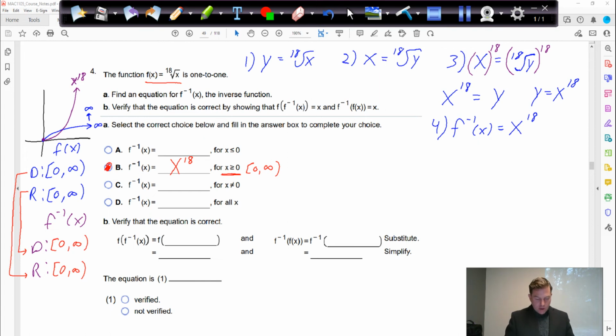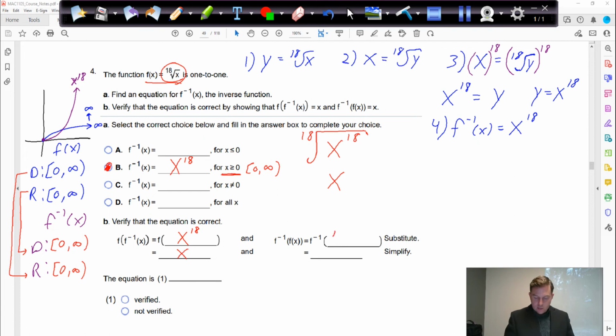Okay, now we verify. So they want us to plug in the inverse into the original function. So if I take the inverse x to the 18th and place it in the original function, which is the 18th root of x, I just replace that x in there with x to the 18th. This 18th root and this 18th power will cancel, and you're just left with x.